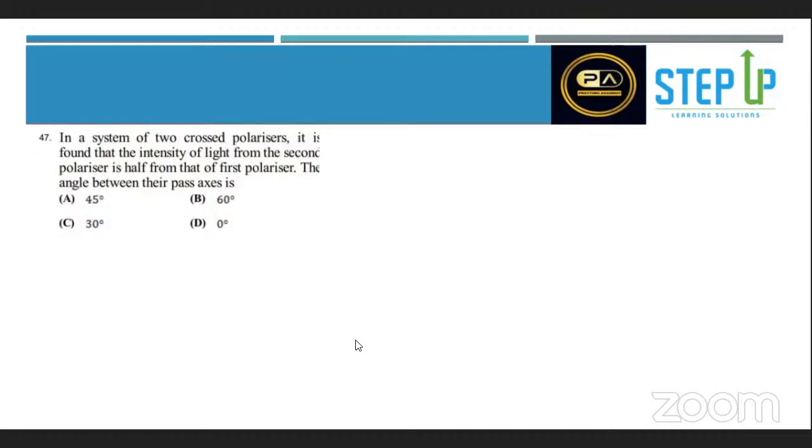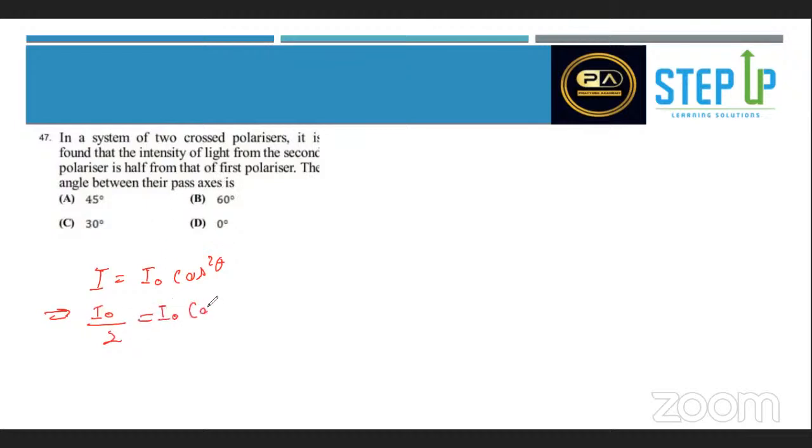The answer is 45 degrees. The formula here is basically Malus law, which says that I is equal to I naught cos square theta. So in the question, I is equal to I naught by 2, it is half that of the first polarizer.